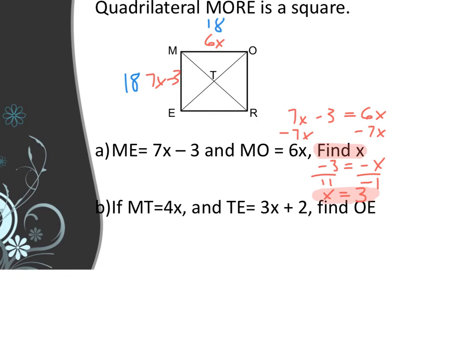Okay, next. MT is 4x and TE is 3x plus 2. Find OE. We set them equal first.